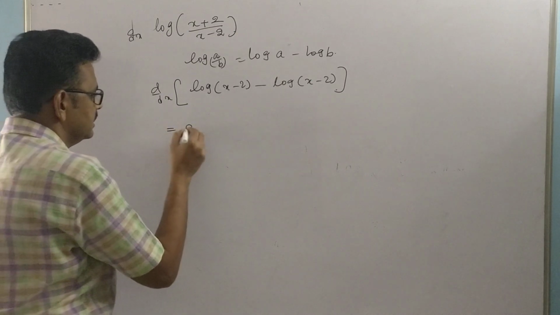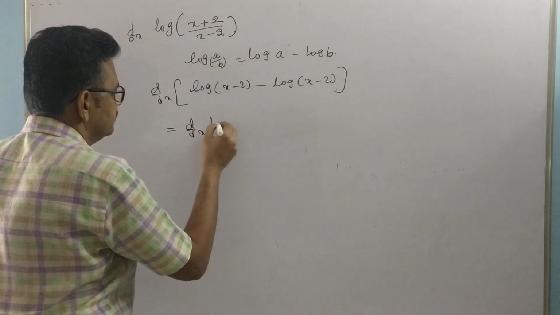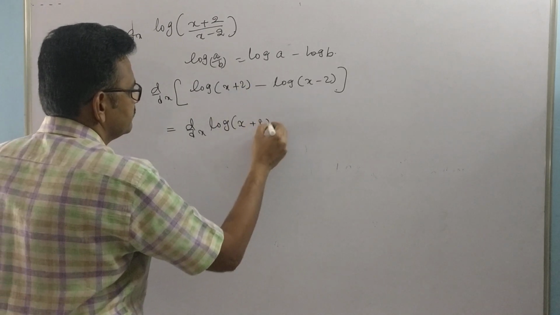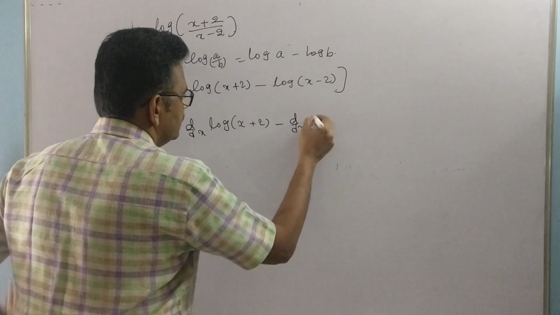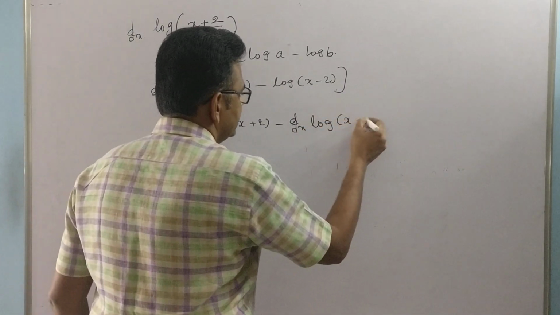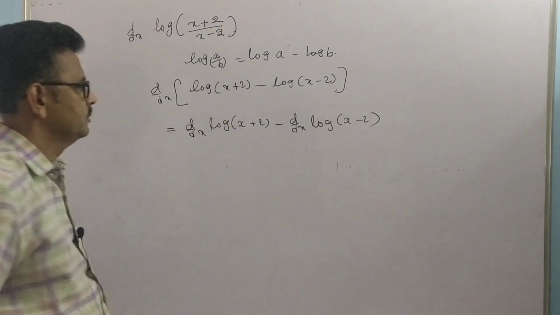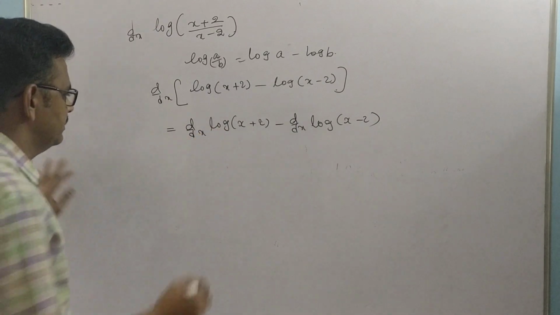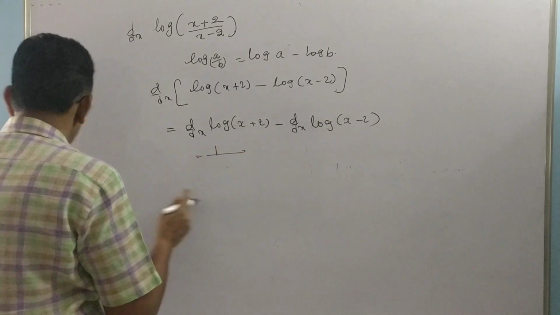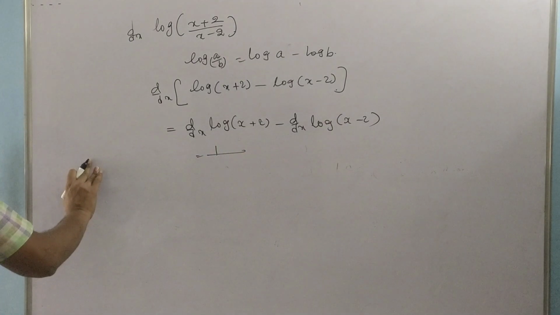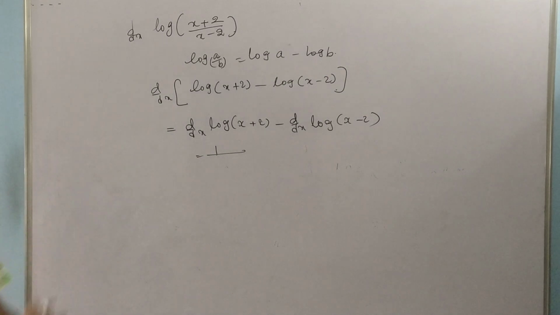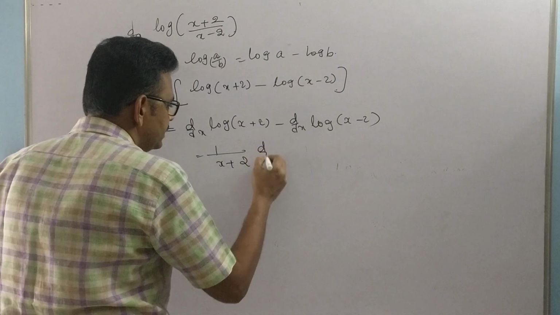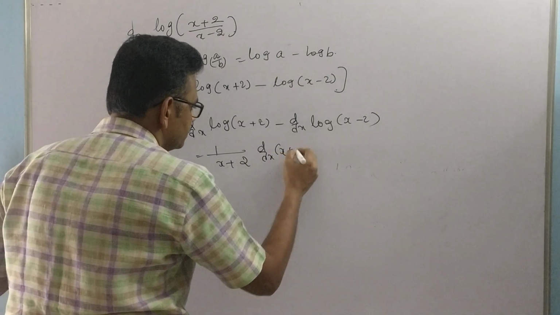That is equal to derivative of log of x plus 2 minus derivative of log of x minus 2. We have derivative of log x equal to what? 1 by x. So this is 1 by x plus 2 into derivative of x plus 2.